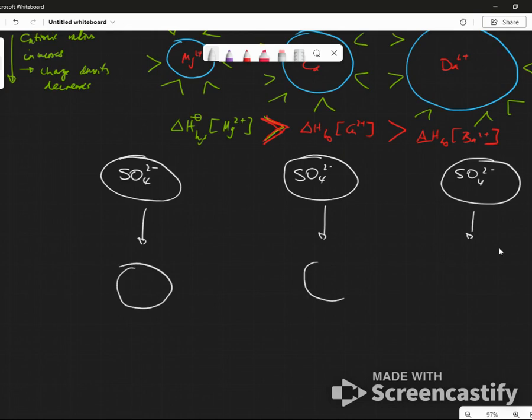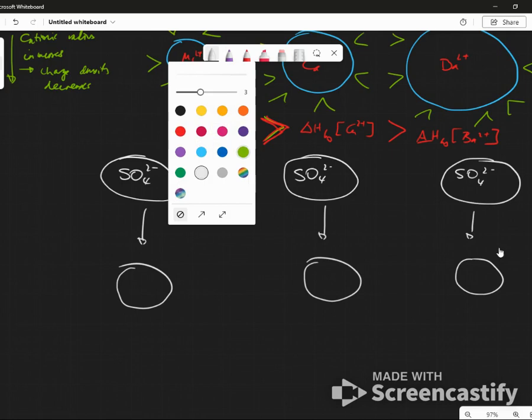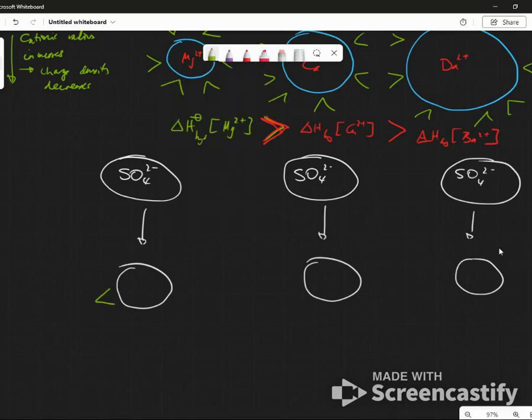The only difference is they hydrate feet first. Up here it's the oxygen first, but with these it's feet first. But they're all the same because they're all the same ion, so we can ignore them. Are we good with that? Excellent.